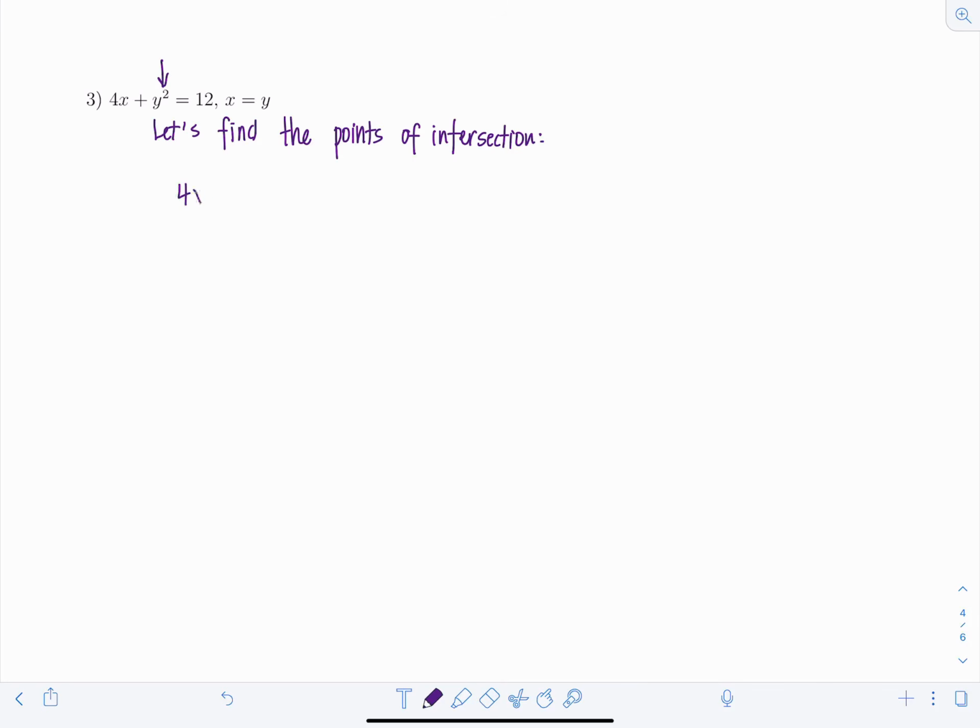So I'm going to have 4x plus x squared equals 12. So then we have x squared plus 4x minus 12 is 0. And then I can factor this. So this is x plus 6, x minus 2 is 0. So x is equal to negative 6 or 2. So these are the two x values where the curves intersect.